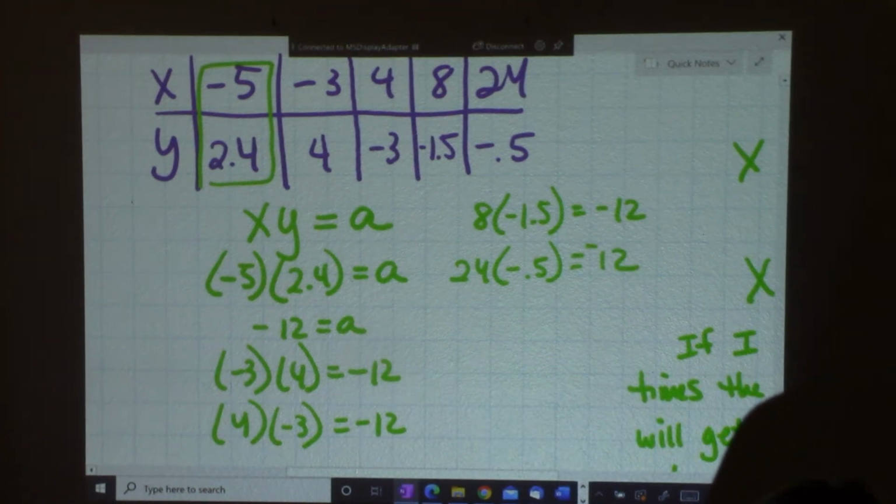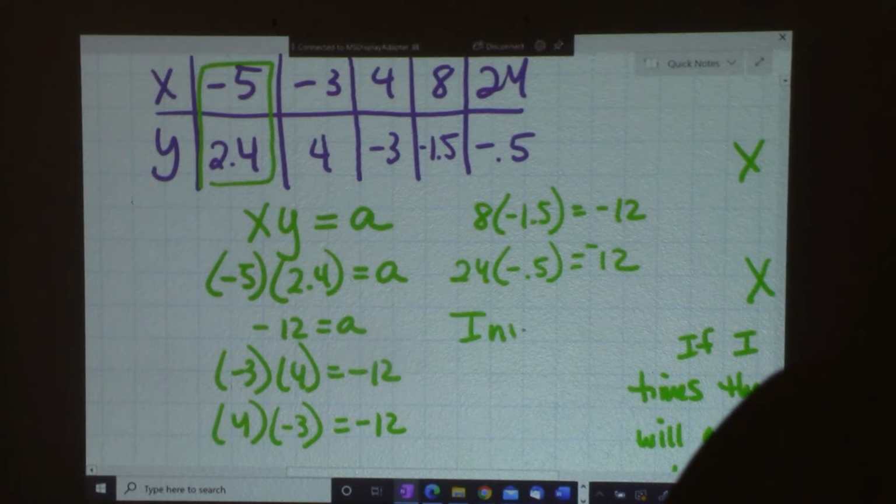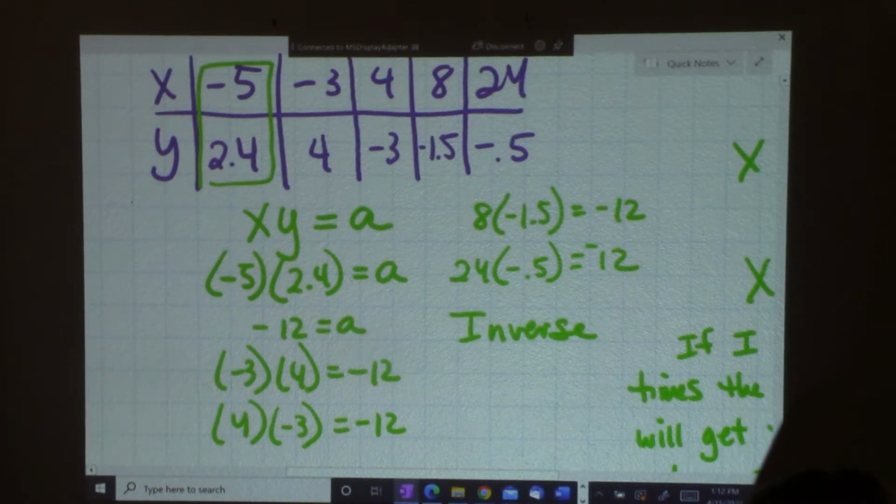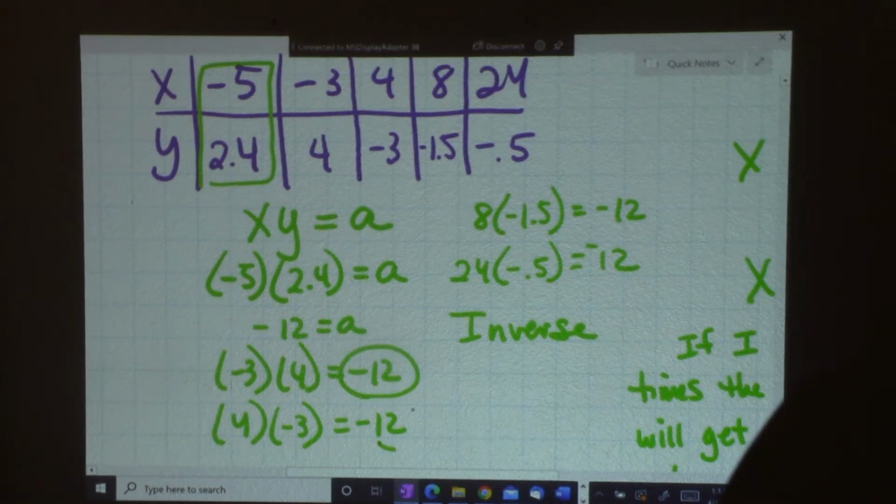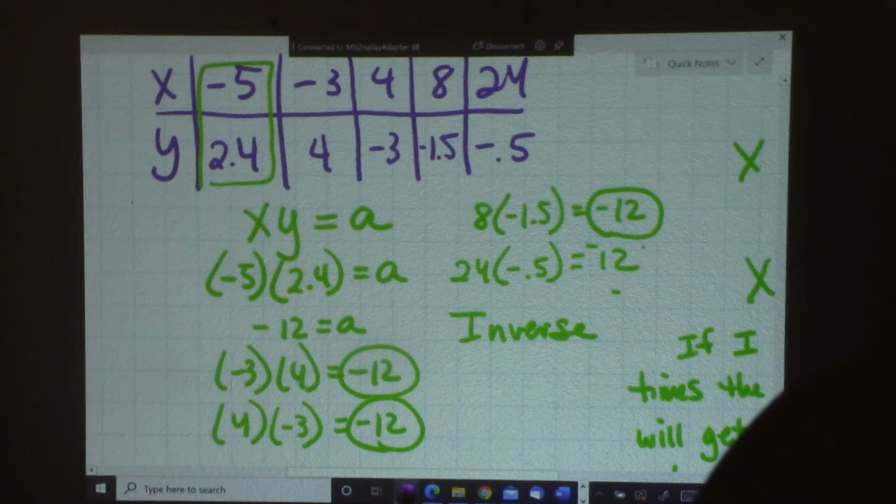Okay, are you seeing this pattern? This is an inverse function because every time I multiply an x by a y, I get the same number, the same value for a, the same constant.